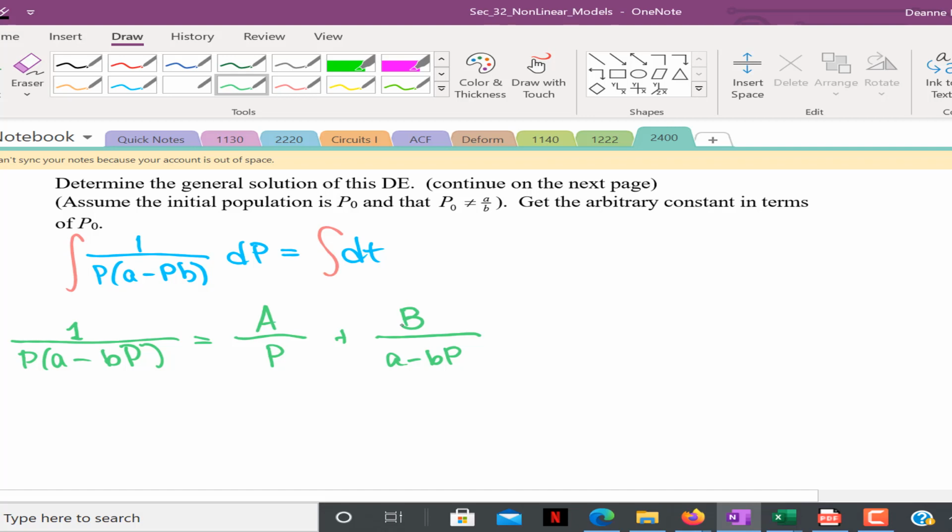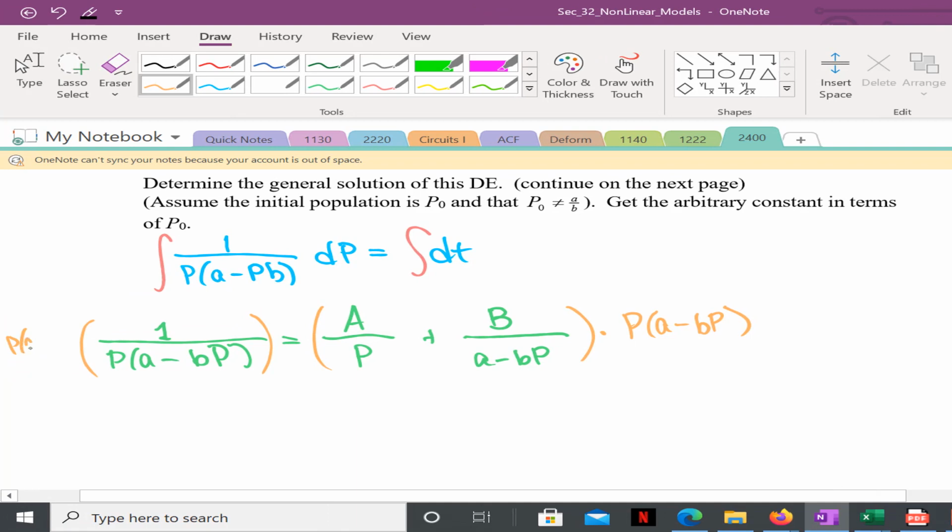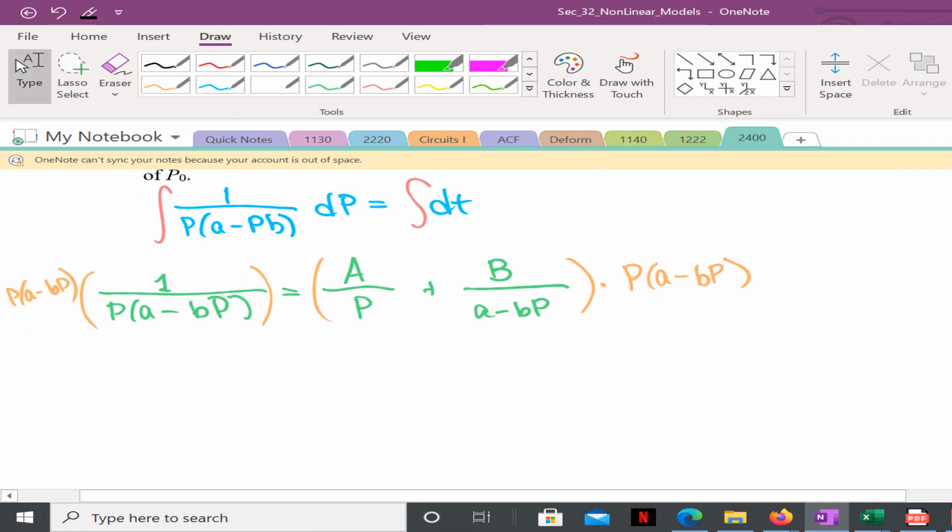And then I like to multiply both sides by the LCD. So on the left, all I'm left with is 1. On the right, the A will be multiplied, the P's will cancel, and I'll be left with A times (a minus bP). And for B, that factor will cancel, and it will just be multiplied by P.